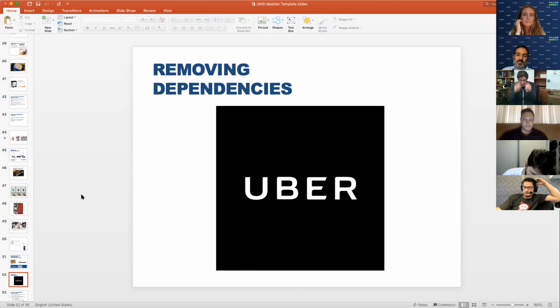Okay, so there's a dependency in the market between the type of car and what it can do, and the type of person and what car he or she can drive. What does Uber say? Uber says, no, why? Any car can be a taxi. Any driver can be a taxi driver. That's Uber, that's it. That's all of it in one sentence.